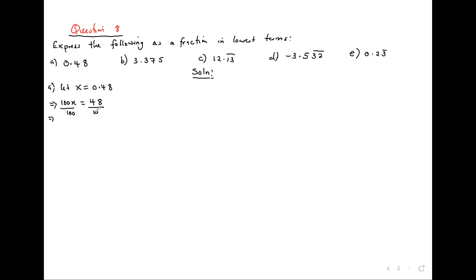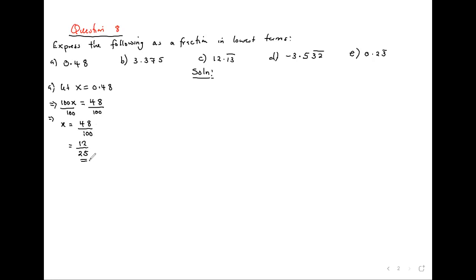So x is equal to 48 over 100. Then we can simplify. 4 can go in there 12 times and 25 down. So 0.48 is the same as 12 over 25.